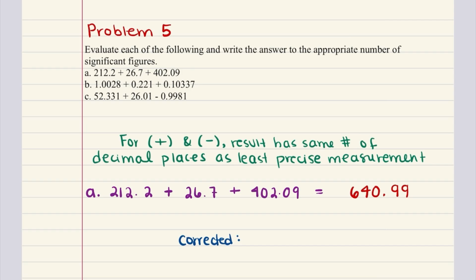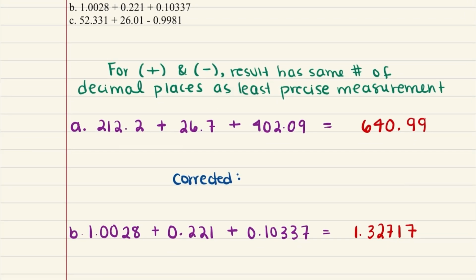So what we want to do for A is we'll write out the addition 212.2 plus 26.7 plus 402.09. Plug that into the calculator to get the raw value, which is 640.99. Now we need to correct this to the appropriate number of significant figures. Again, for addition and subtraction, the result has the same number of decimal places as the least precise measurement.